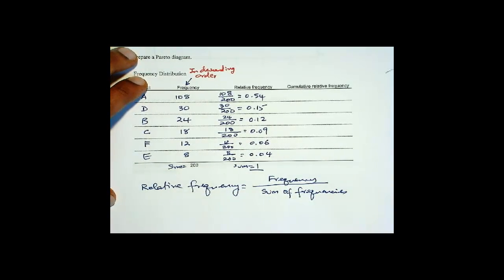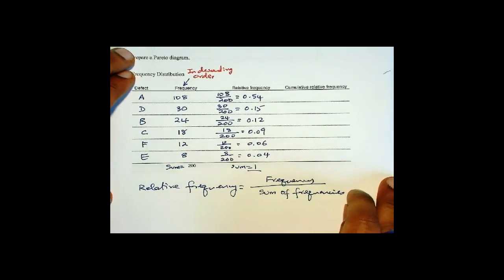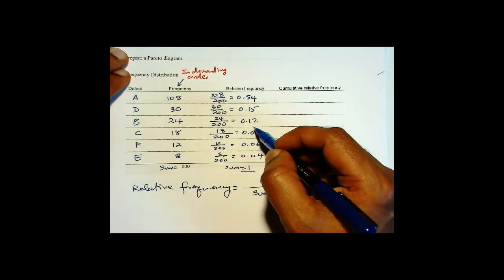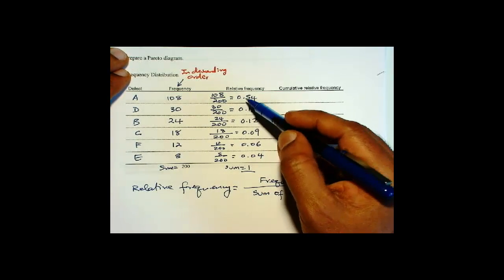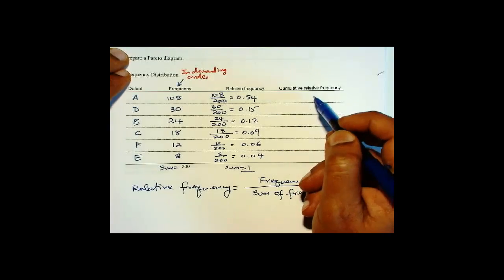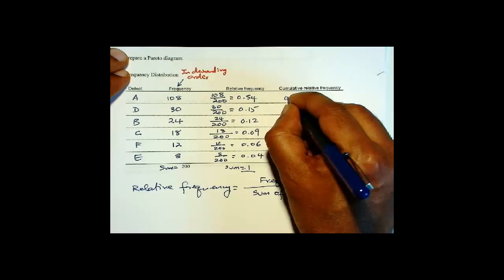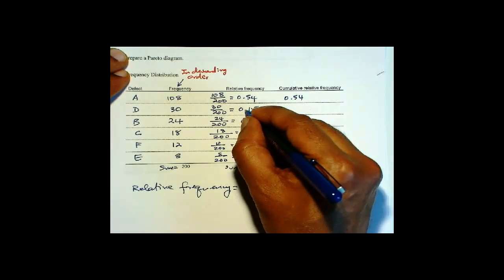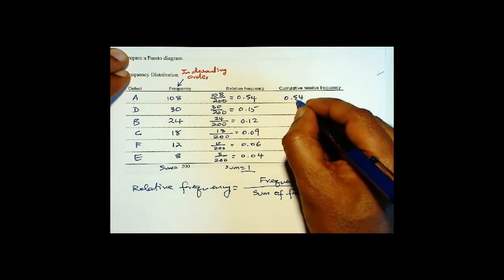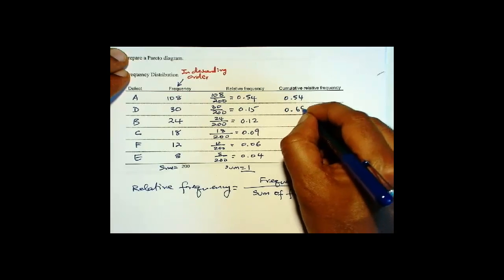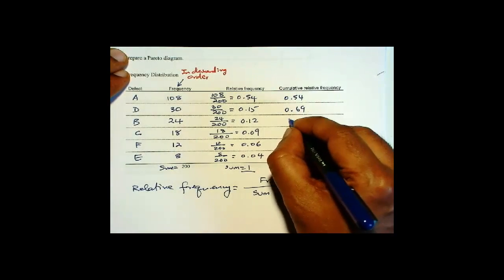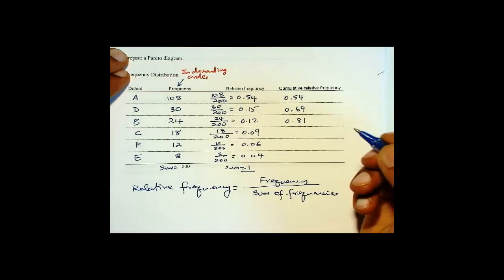Now, when we prepare the Pareto chart, what we need to plot is not the relative frequency, but the cumulative relative frequency, which is a running sum. So let's do that. 0.54. When you add 0.15 to 0.54, you get 0.69. Then add 0.12 to it, so 0.81.